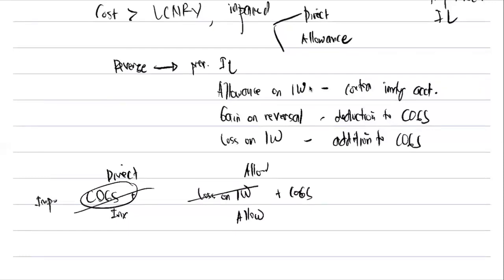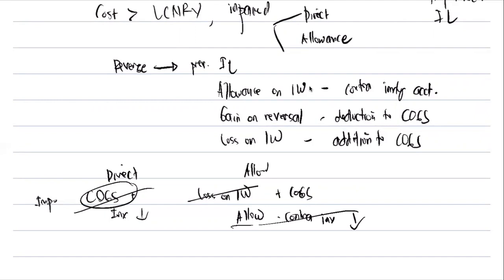Next, a credit to inventory. This will decrease the inventory. Allowance on inventory write-down is a contra inventory. Therefore, this will also decrease. So, the same lang talaga sila ng effect. Nasa method mo lang kung paano siya i-record.